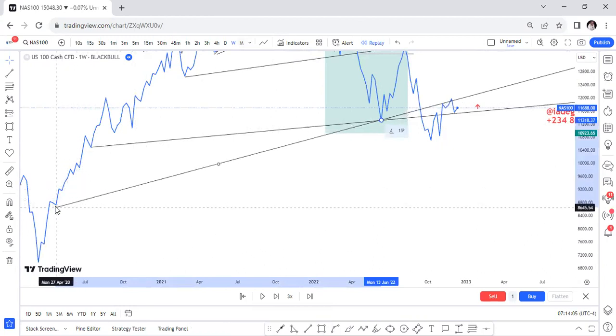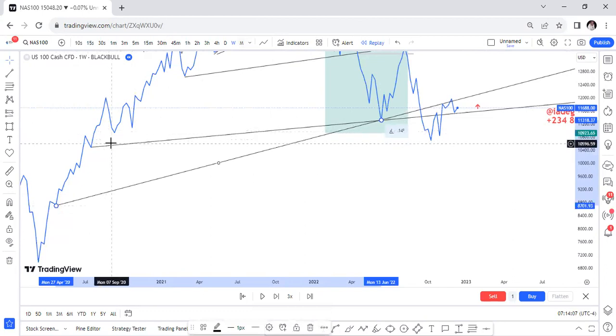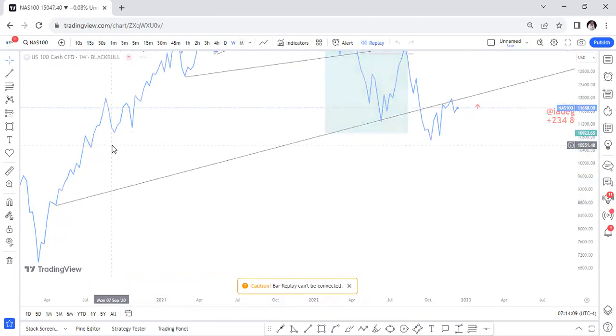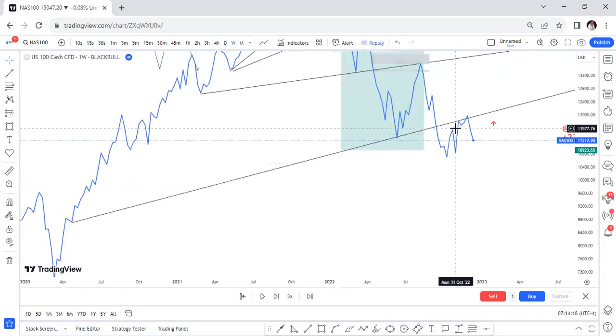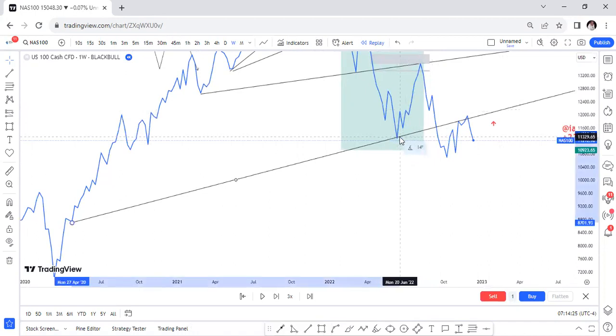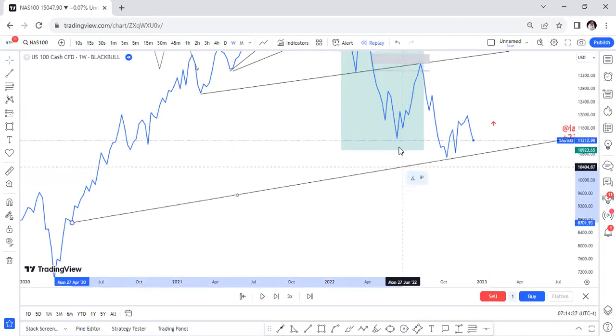Yes, you must be logical, not this. Don't just draw your trend line anyhow. Then the angle matters. It must not be flat like this.